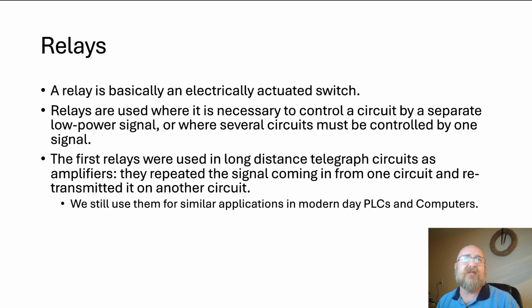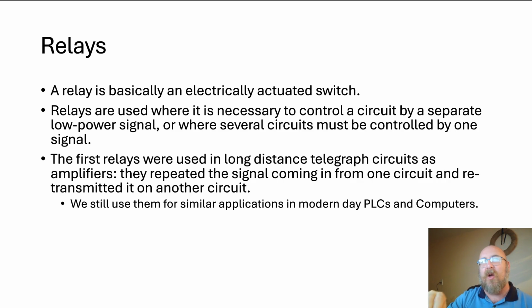The first relays were used in long-distance telegraph circuits as amplifiers because you could switch really high voltage, kilovoltage ratings for transmission across the country. Things that are 2,000 to 20,000 volts. You can do that safely with a relay, but if you think about a telegraph, you're sitting there tapping with a little contact there.